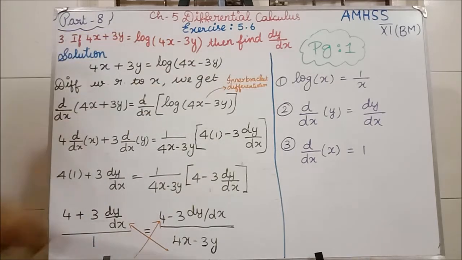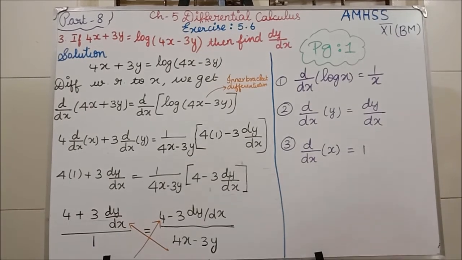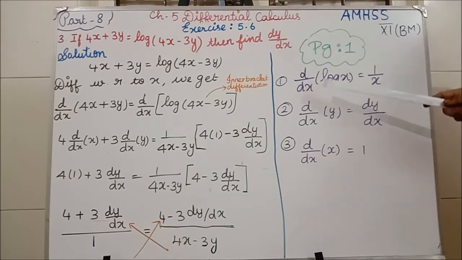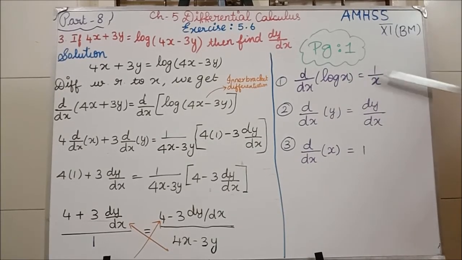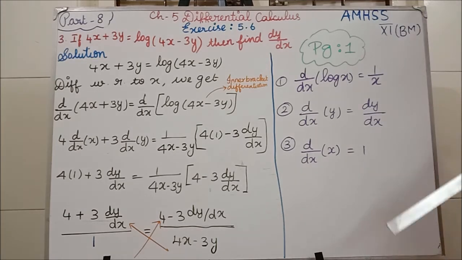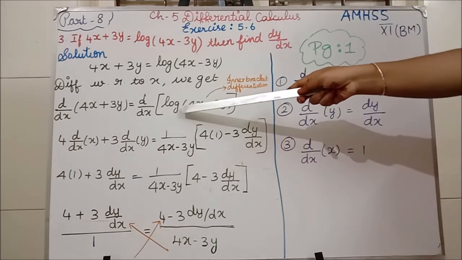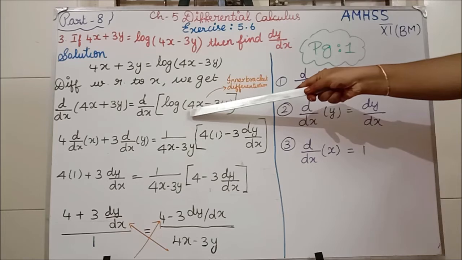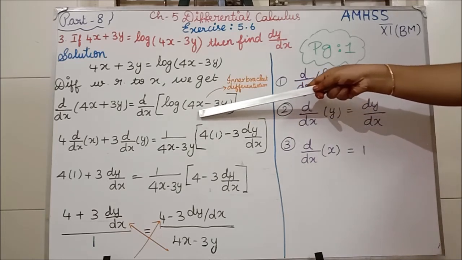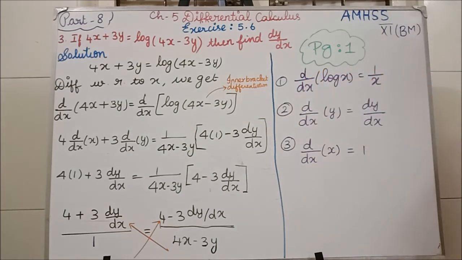The formula is d by dx of log x is equal to 1 by x. Now here, we have log of something instead of just x. That full expression we have to consider as x. If you need, I will explain on the side.